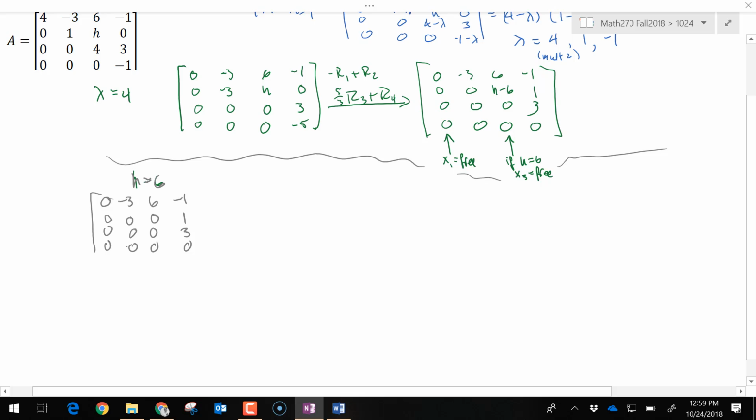We can go one more step and knock out the 3, and then we get 0, minus 3, 6, 1, -1, 0, 0, 0, 1, 0, 0, 0, 0 everywhere else. If you solve for this, x4 is equal to 0, and x3 is free.